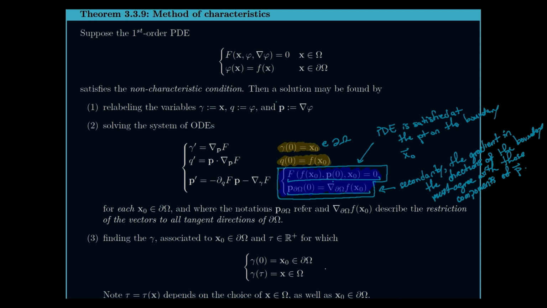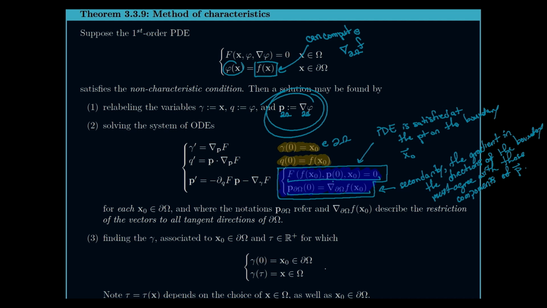Because the vector p is the gradient of phi, what I can do is restrict the vector p to the boundary, and all that does is restrict my gradient to the boundary. And since I can compute the gradient of f within the boundary, because f is defined on the boundary, then certainly the gradient of phi, which is f on the boundary, needs to agree with the gradient of f on the boundary.